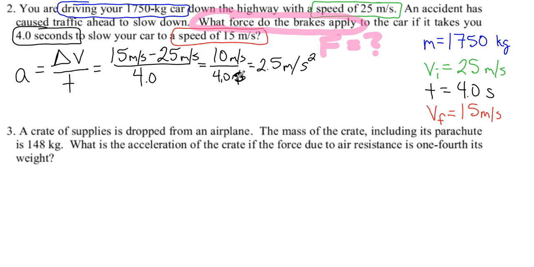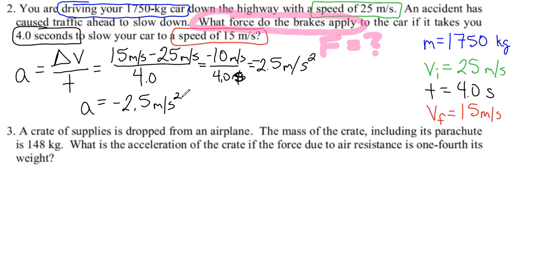So 10 meters per second divided by 4.0 seconds that it took to decelerate, and that should be negative, excuse me, 15 minus 25 is negative 10. Negative 10 divided by 4 is negative 2.5 meters per second squared. So my acceleration is equal to negative 2.5 meters per second squared.